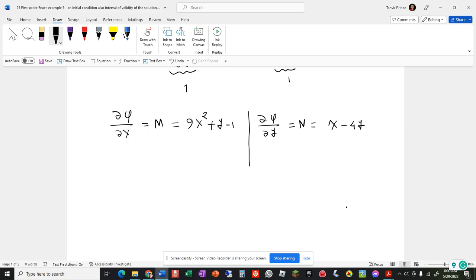So for the first equation, we're going to integrate both sides with respect to x. And here we're going to integrate both sides with respect to y.